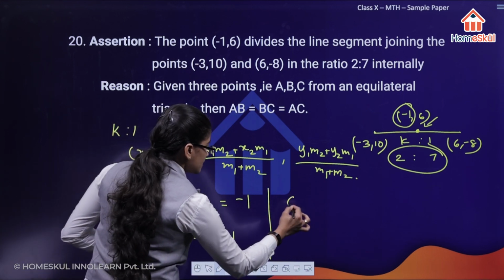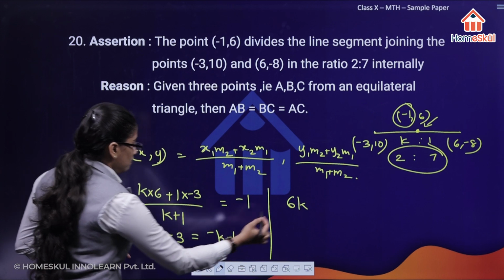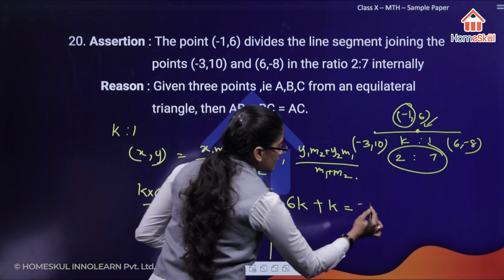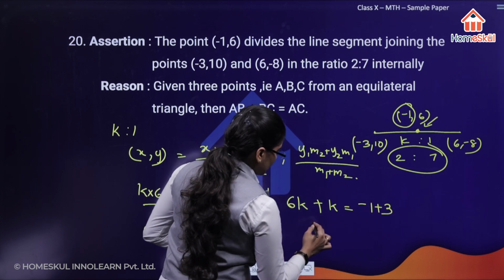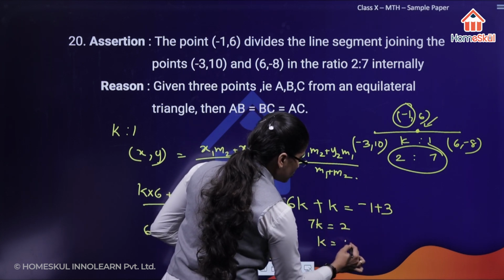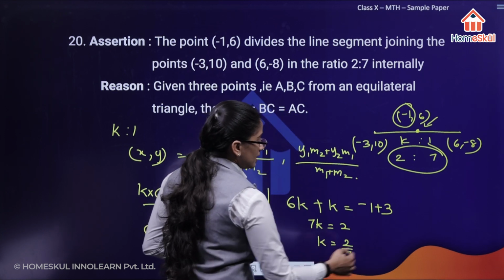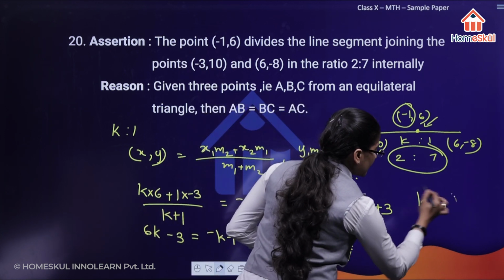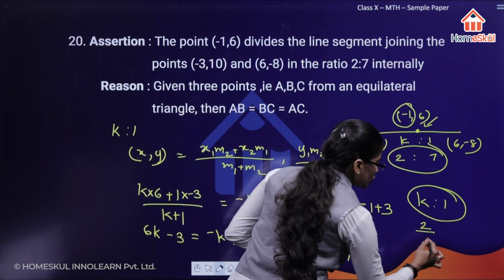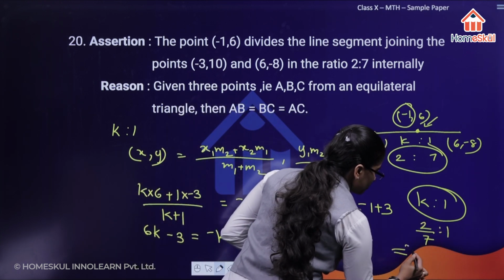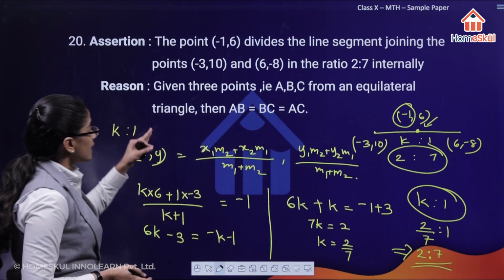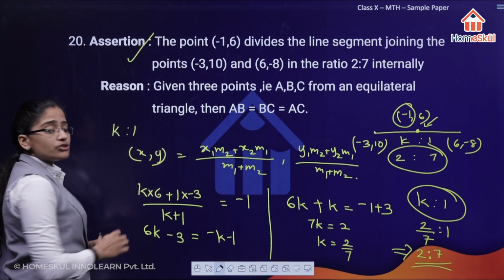Which means 6k plus k is equal to -1 plus 3. That means 7k is equal to 2. k is equal to 2/7. That means we have taken the ratio in k:1 form, and there we are getting k is equal to 2/7 upon 1, which means the ratio is 2:7, right? That means the assertion statement is true.